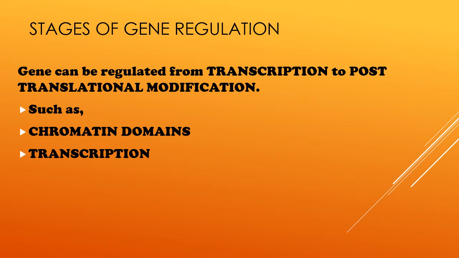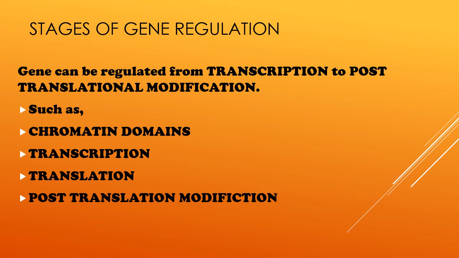Next is translation. Here, gene can be regulated by changing some molecules such as sigma factor, which is responsible for recognizing the promoter sequence in mRNA. Such sigma factor can be altered so that translation will not occur, and there can be change in ribosomes, etc. And post-translation modification.